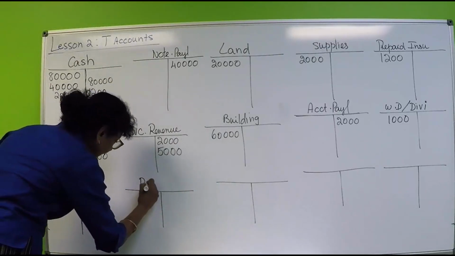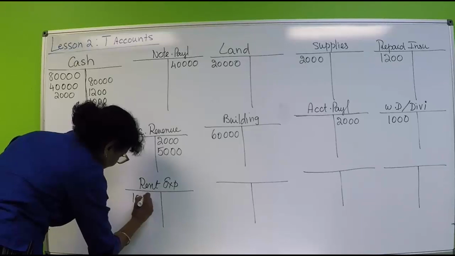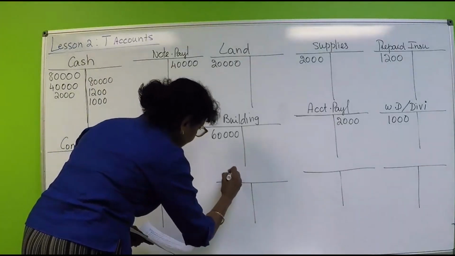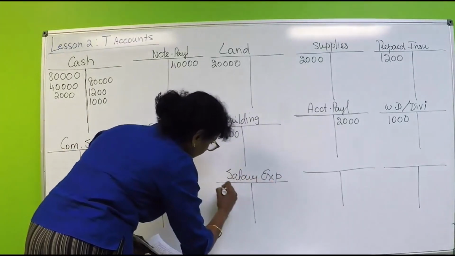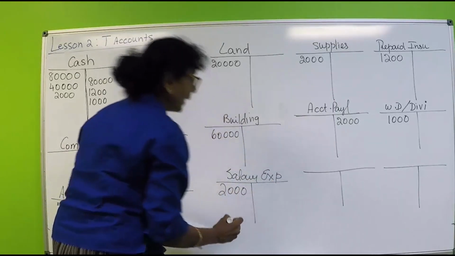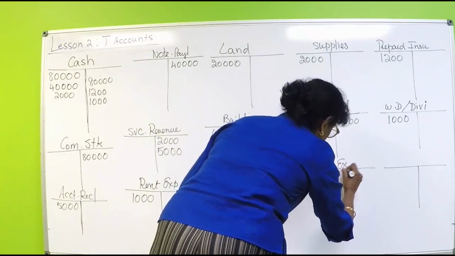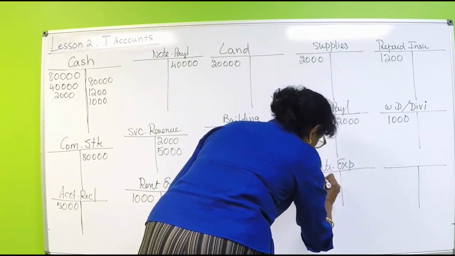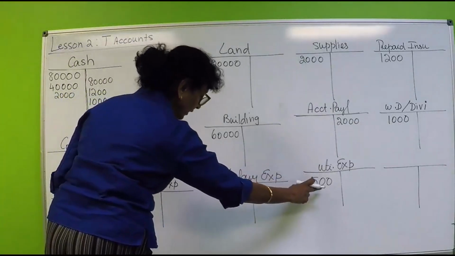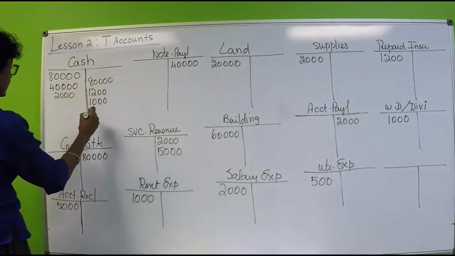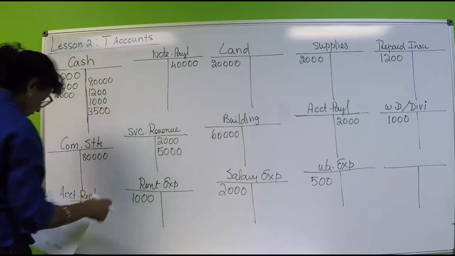You debit rent expense for 1,000, debit salary expense for 2,000 and you will debit utility expense for 500. So total cash they paid out was 1,000 plus 2,000 plus 500, 3,500. You credit cash for 3,500.